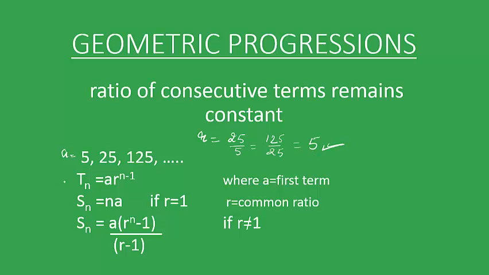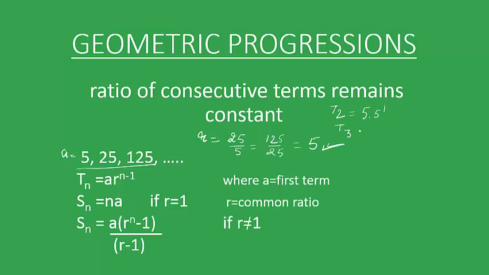So here the general term is given by Tn equals a into r to the power n minus 1, since this particular sequence satisfies the property of GP. Let's try to work out the second term. The second term here is given by just multiplying the first term with the common ratio, that is to say 5 into 5 raised to the power 1.